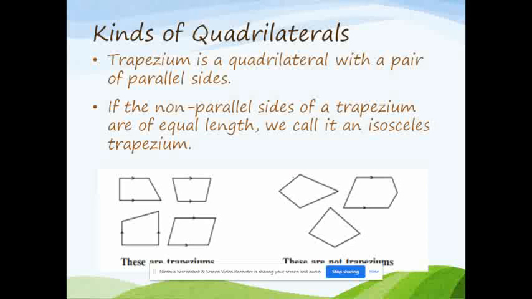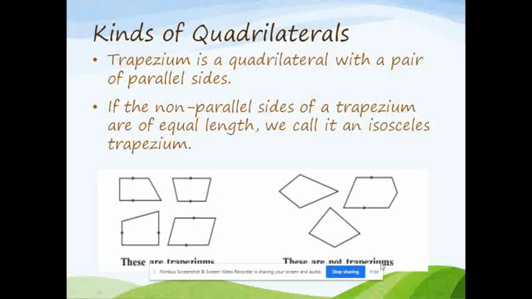Trapezium. A trapezium is a quadrilateral with a pair of parallel sides. If the non-parallel sides of the trapezium are of equal length, we call it an isosceles trapezium. Look at these two figures or two diagrams.